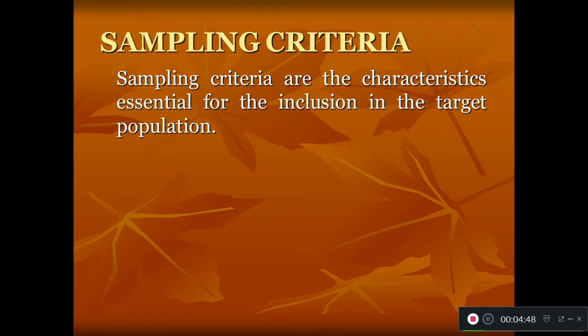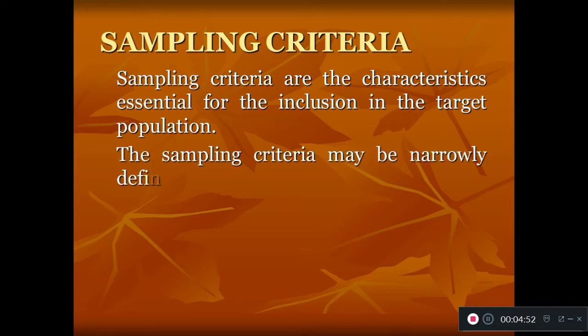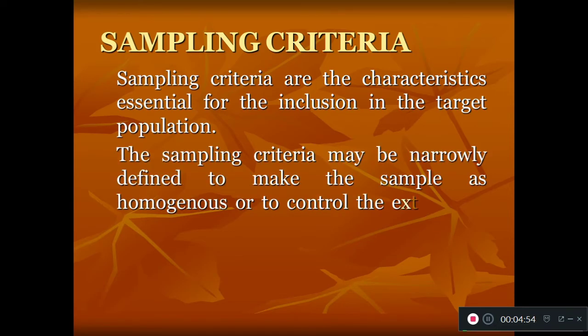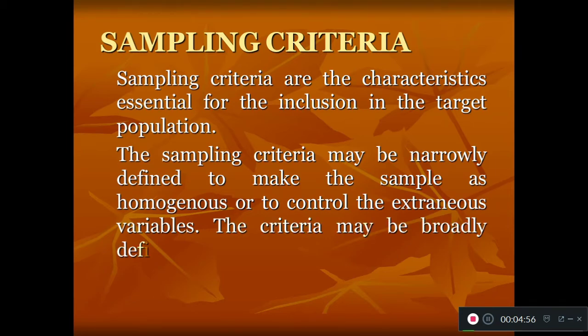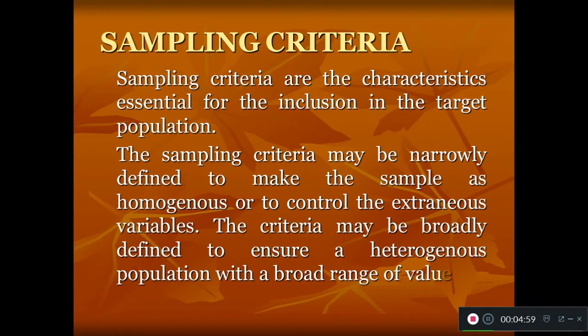Based on that criteria, we are including the samples in our study. The sampling criteria may be defined to make the sample homogeneous or to control the extraneous variable. The criteria may be broadly defined to ensure a heterogeneous population with a broad range of values of the variables being studied.